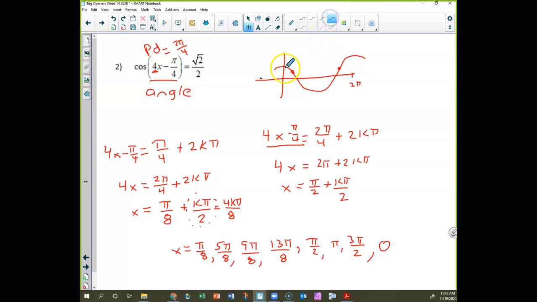It horizontally compresses it by a 4th. So now, how many full waves are you going to draw in 2 pi units? I'm going to draw 4 of those. My frequency is 4. Oh, so if one of them had 2 solutions, 4 of them are going to have 8 solutions. Okay? Because I've horizontally compressed this.